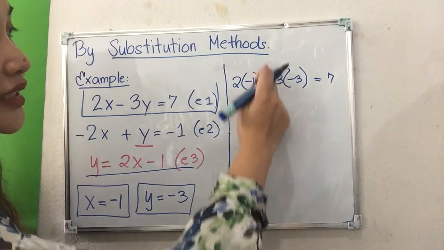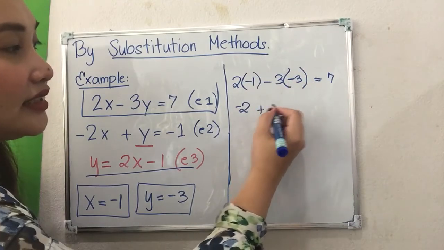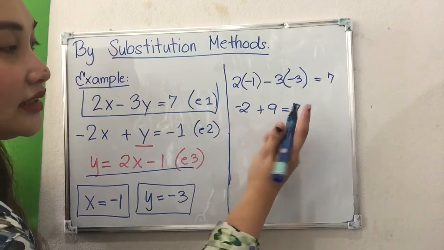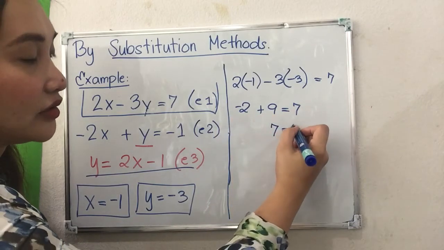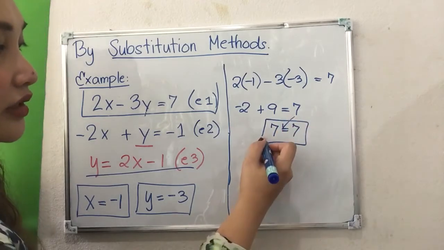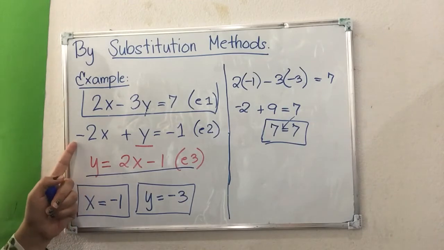Negative 3 times negative 3 is positive 9, is equal to 7. So negative 2 plus 9 is 7, and 7 is equal to 7. So they are equal.